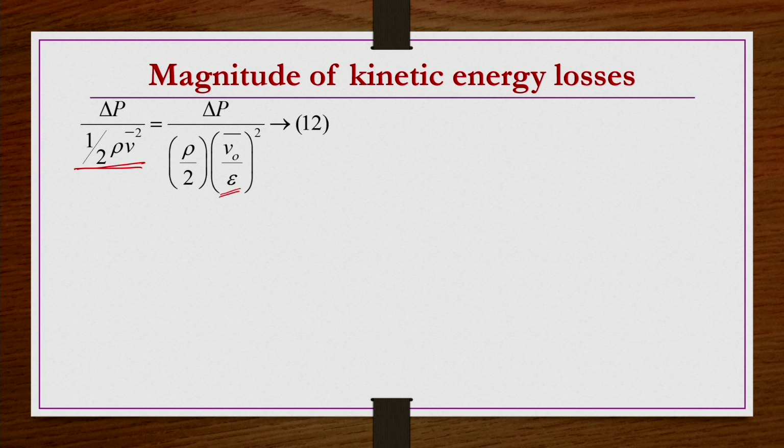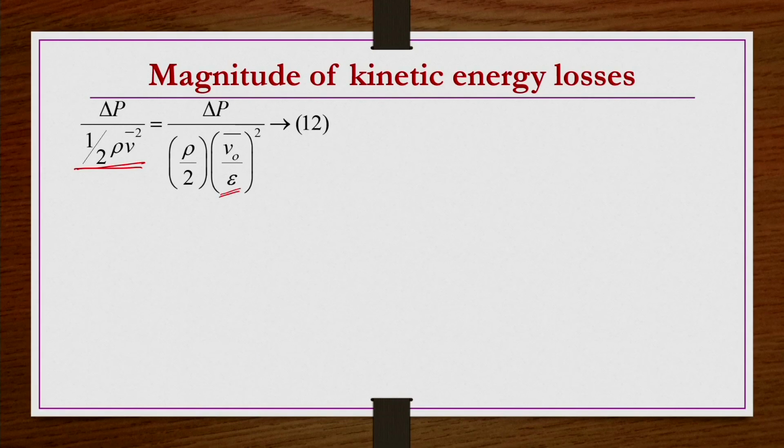V naught bar is the superficial velocity or empty tower velocity, that is, the average velocity existing if you allow the fluid through the empty tower without packing. That is in general known, and epsilon is the voidage of the bed. So, everything is known.